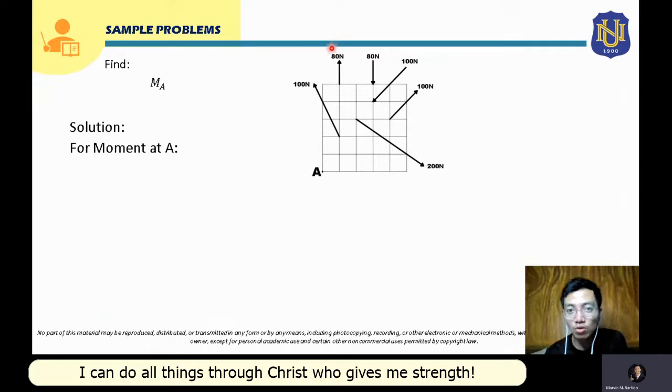So for these two forces, if we solve for the magnitude of this couple, it will just be F times D. That will be 80 Newton and the perpendicular distance between them, which is just 2 meters.